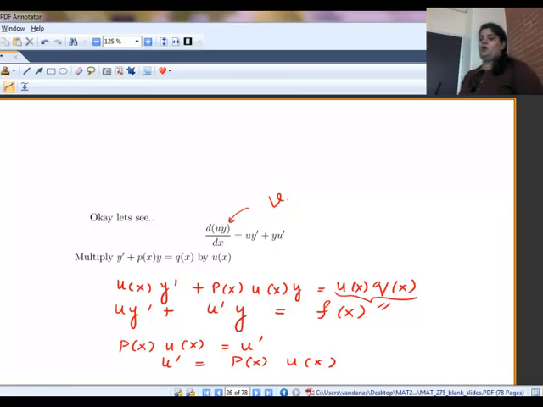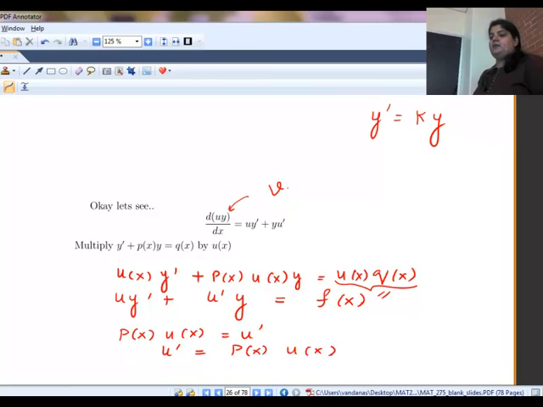Okay, so now how will you find u? You just now told me what is the solution of this problem. Is there any connection between this problem and this problem? Almost same, only thing is here you have a constant and here you have function of x.